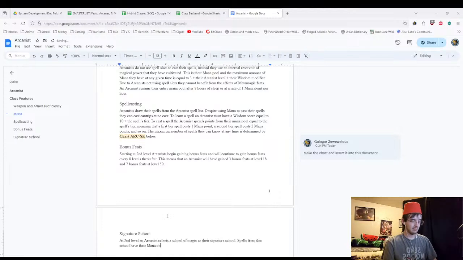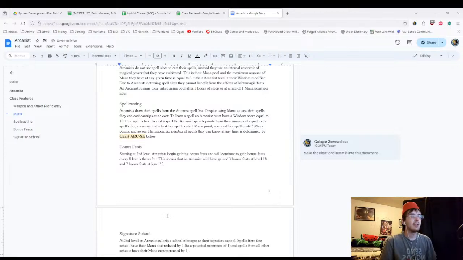Their mana cost is reduced by 1 to a potential minimum of 1, and other schools have their cost increased by 1 with no limit, basically.